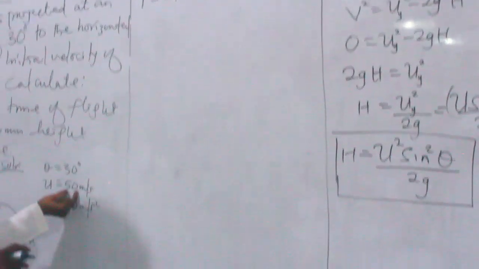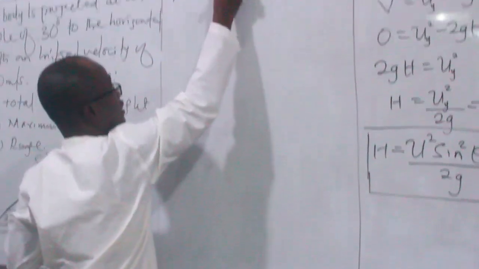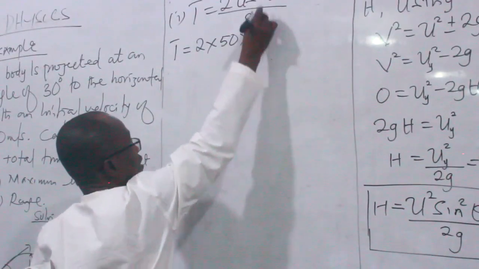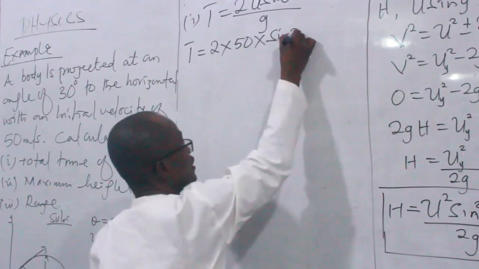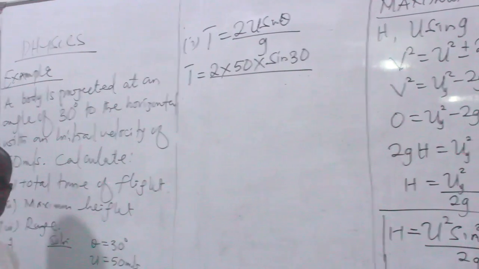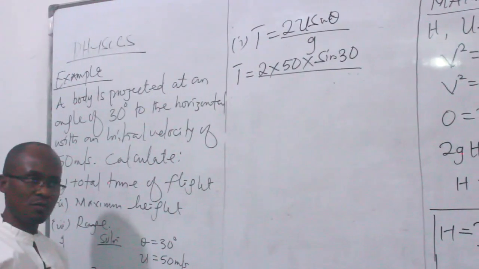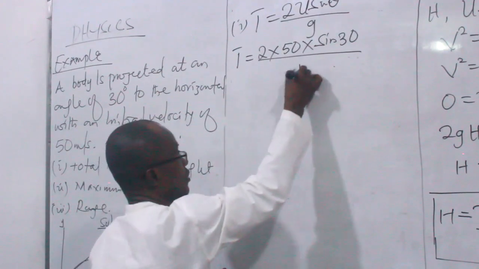The initial velocity here is 50 meters per second times sine theta, the angle is 30 degrees, substitute 30 degrees here, all divided by the value of g, the value of acceleration. Even if it's not given, you can assume 10 meters per second squared or 9.8 meters per second squared. So here we have 10.